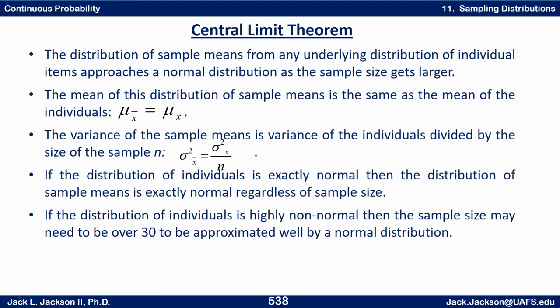So generally speaking, our rule of thumb is if the sample size is over 30, then we don't really care. We don't worry too much about the underlying distribution. We will assume that the distribution of sample means is pretty close to a normal distribution. You can get by with a lot smaller than that if your data is pretty close to normal.